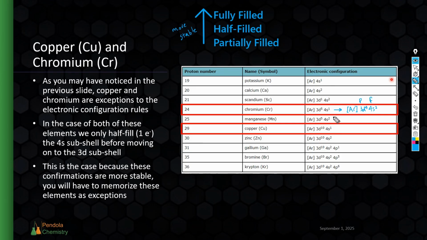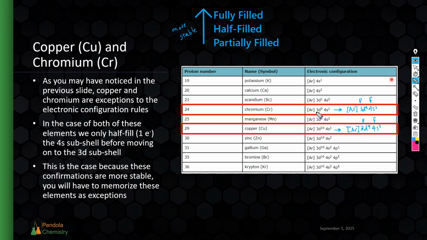For chromium, or sorry, that's for chromium. For copper, we will have Ar 3d9 4s2. Again, a partially filled and a fully filled. The fully filled, however, is an S sublevel, which is arguably a lot smaller because there's only 2 electrons, and so it being fully filled is not as stable.